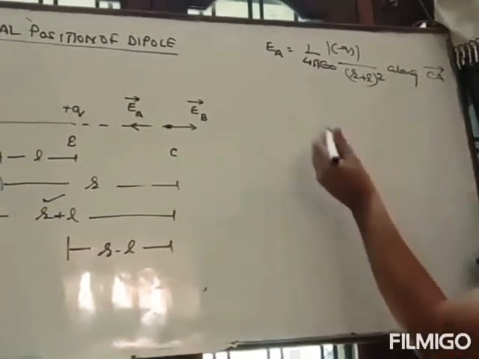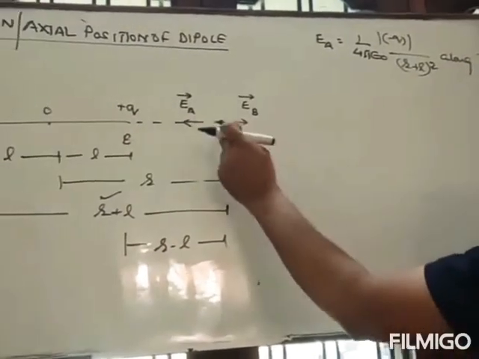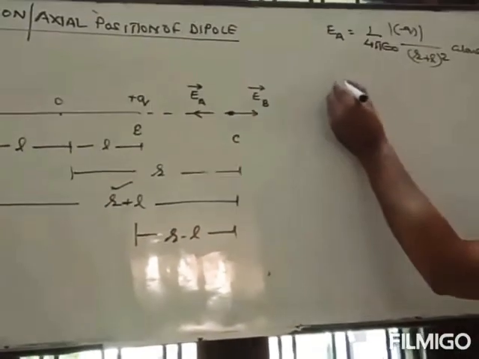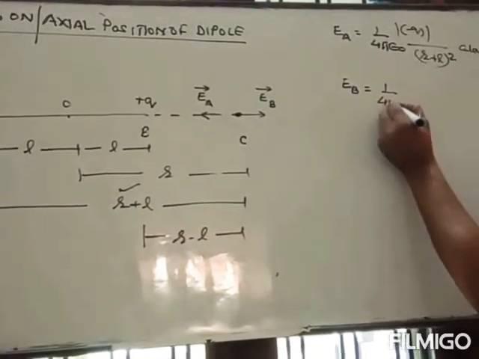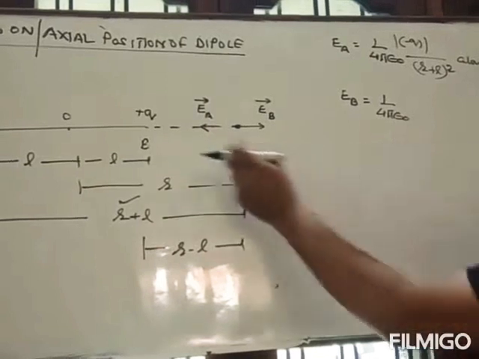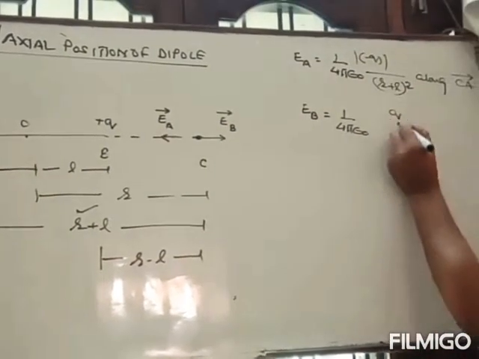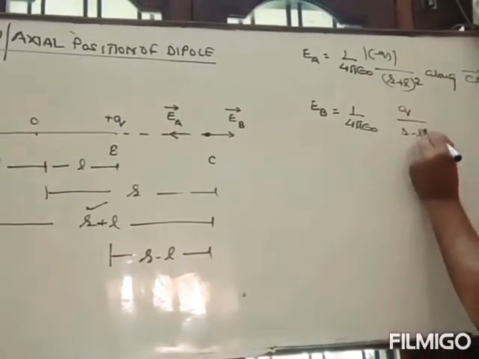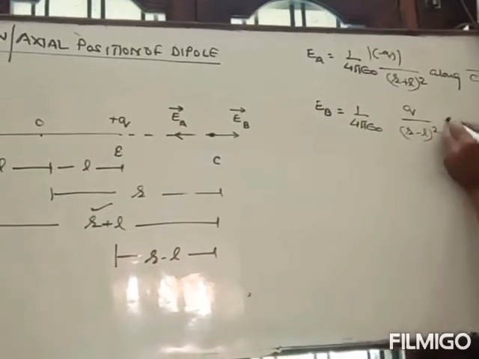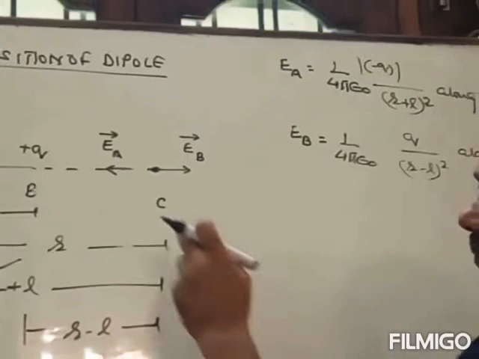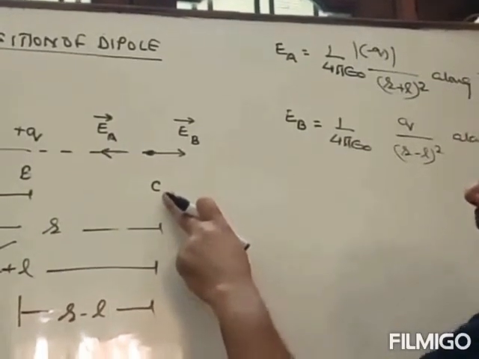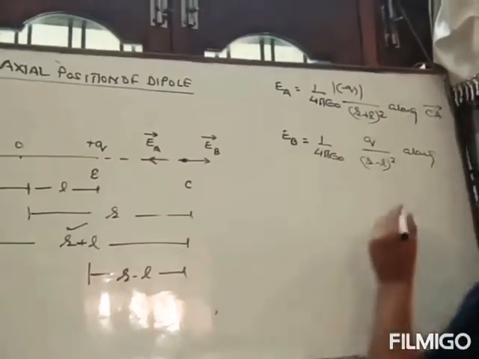Similarly, electric field intensity at point C due to plus Q charge kept at B, we will write as EB equals 1 upon 4 pi epsilon 0 magnitude of charge, which remains Q, by R minus L whole square. And since at point B charge plus Q is kept, the direction of electric field at point C will be along BC.